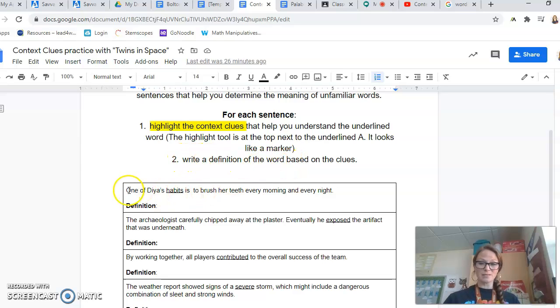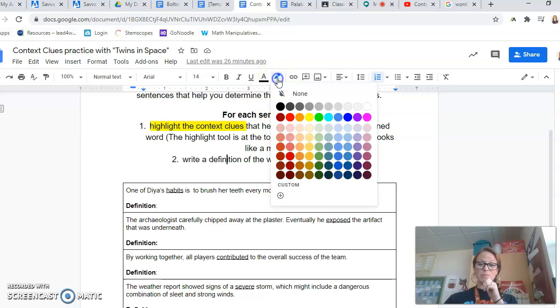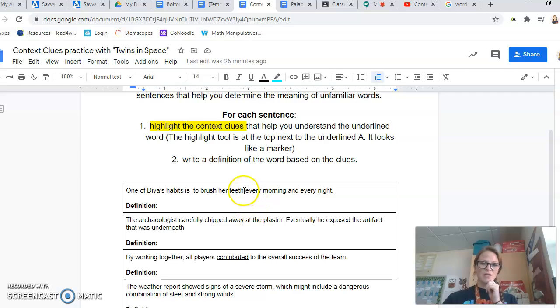So let's do this first one together. One of Daya's habits is to brush her teeth every morning and every night. When does she do these habits? Well, it looks like she does them every morning and every night. This is something she does every morning and every night. I'm going to use this turquoise. So I'm going to highlight every morning and every night.